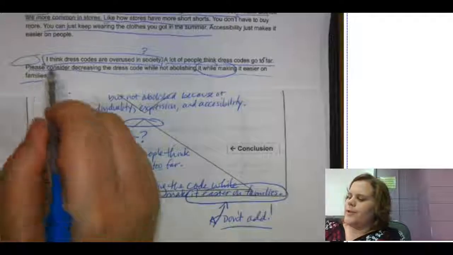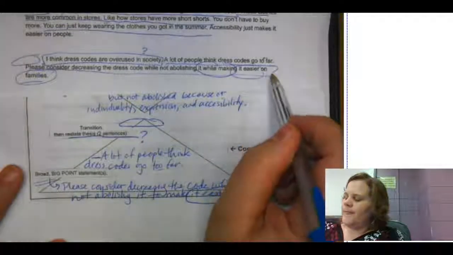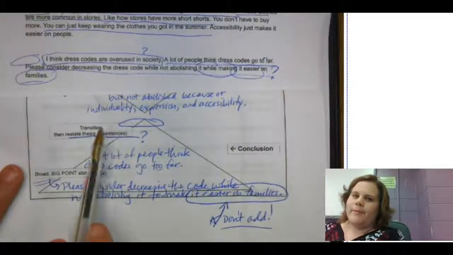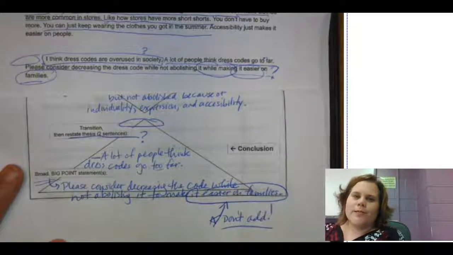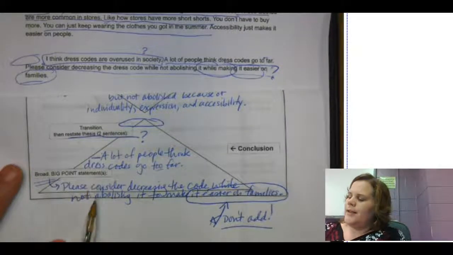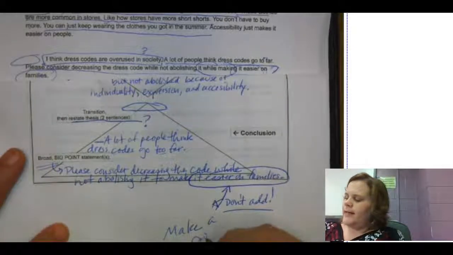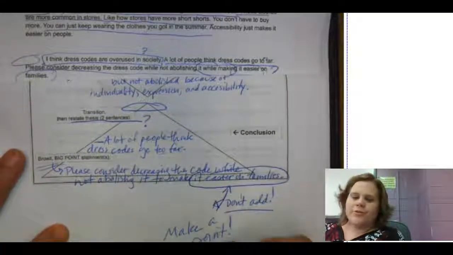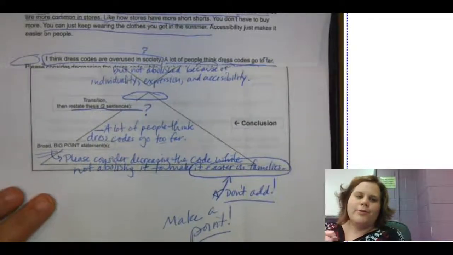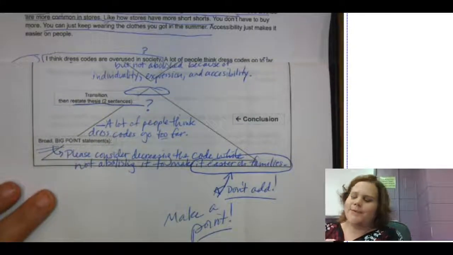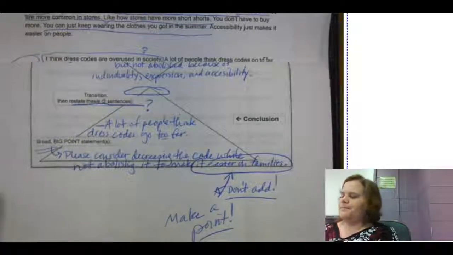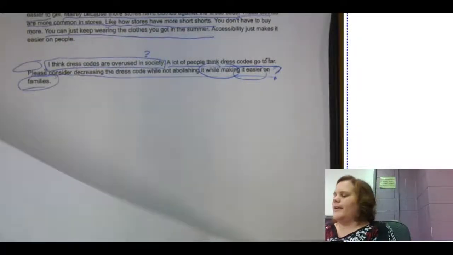So this doesn't fit, because you haven't said anything about making things easier on families the whole time. This should be to make a point, like one final punch, one last little because it needs to be awesome. There's your point. So we're kind of missing that.